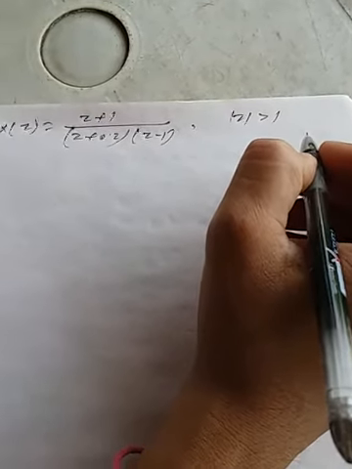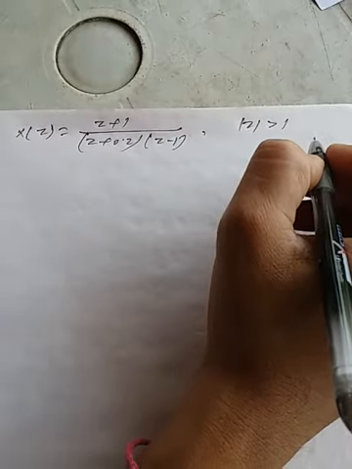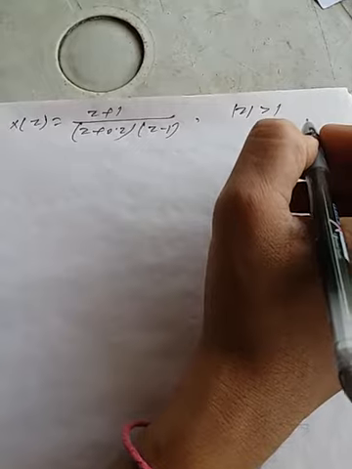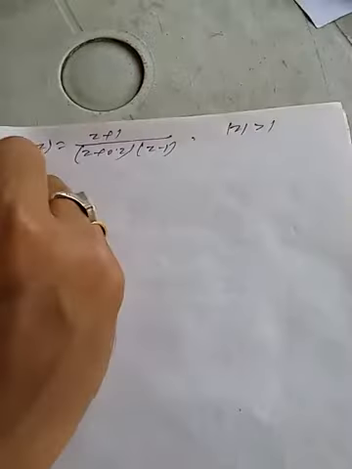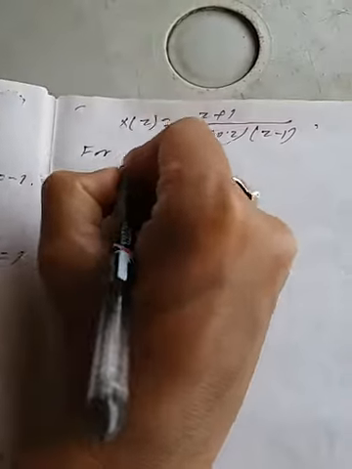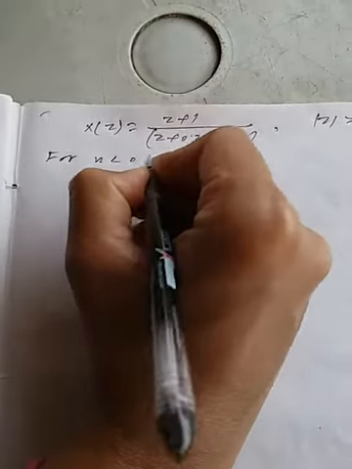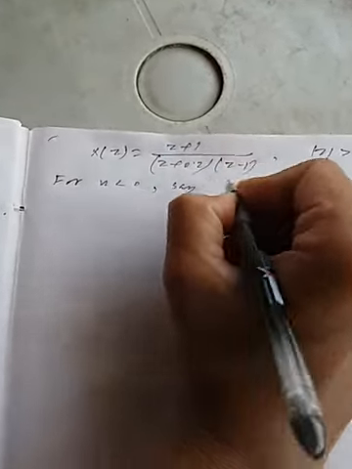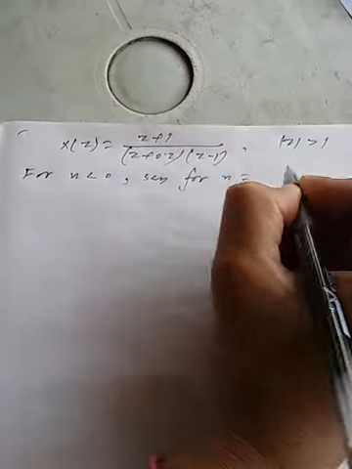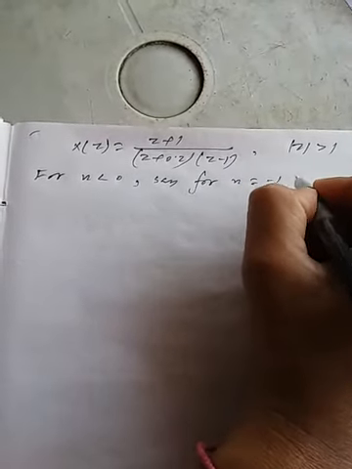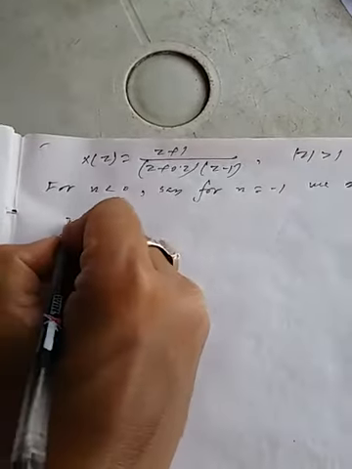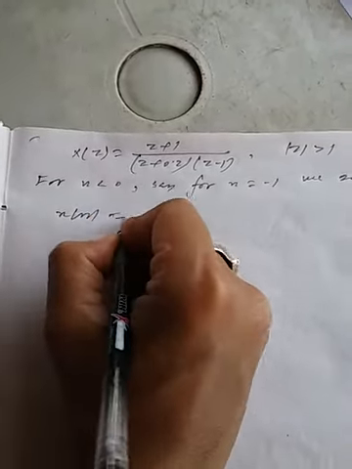So in this case we have to check both portions, right? So at first, for n less than 0, say for n equal to minus 1, we get x[n] equal to what?